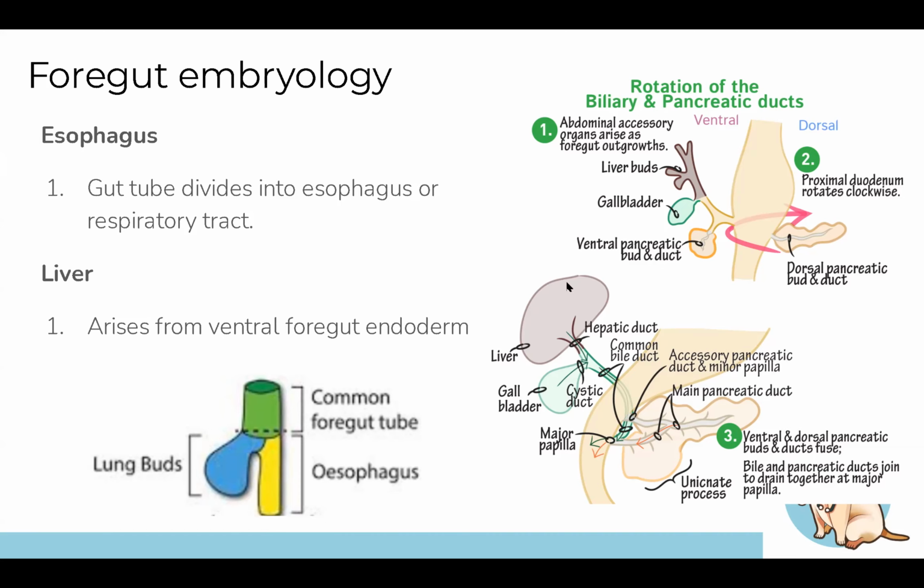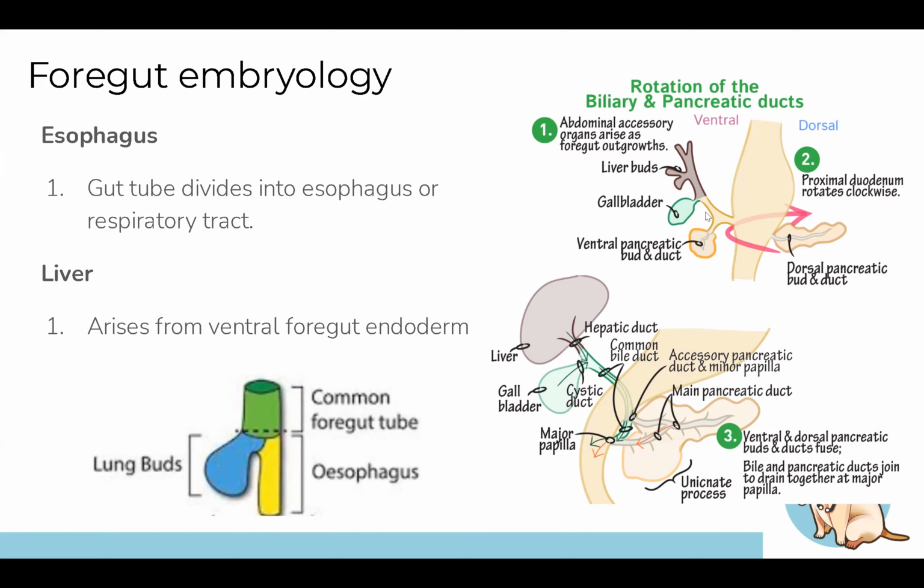And then the liver is also pretty easy. So again, we're talking about the foregut, remember, which is the esophagus to the first part of the duodenum with the ampulla. So see here, in this picture on the right, we have essentially the foregut. This little dilated bit, this is your future stomach. Okay, so it does dilate a little bit. These little yellow buds here, that will be your pancreas. It's in two parts at the moment, and I'll explain how it becomes one organ.